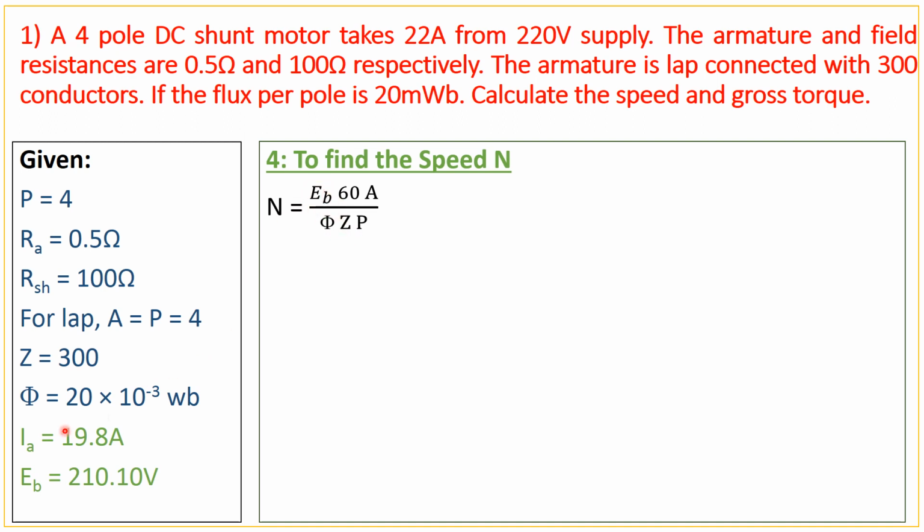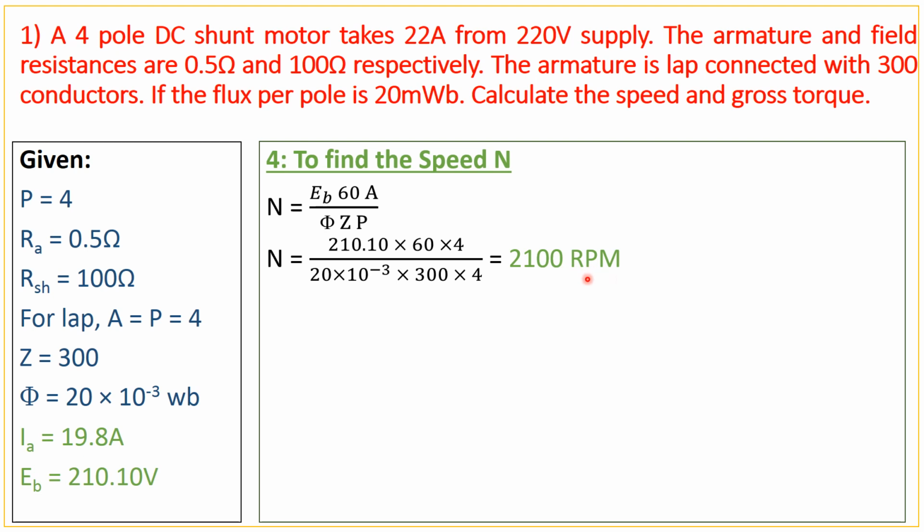Where EB is 210, A is equal to P for lap, that is nothing but 4, phi is 20 milliweber, Z is 300 and P is again 4. Substitute here and you will get N as 2100 RPM, because it is speed, revolutions per minute.